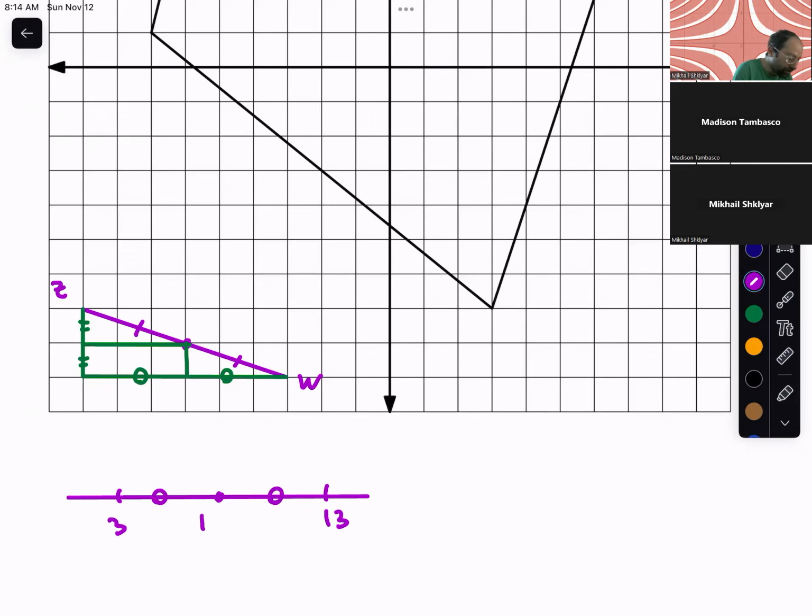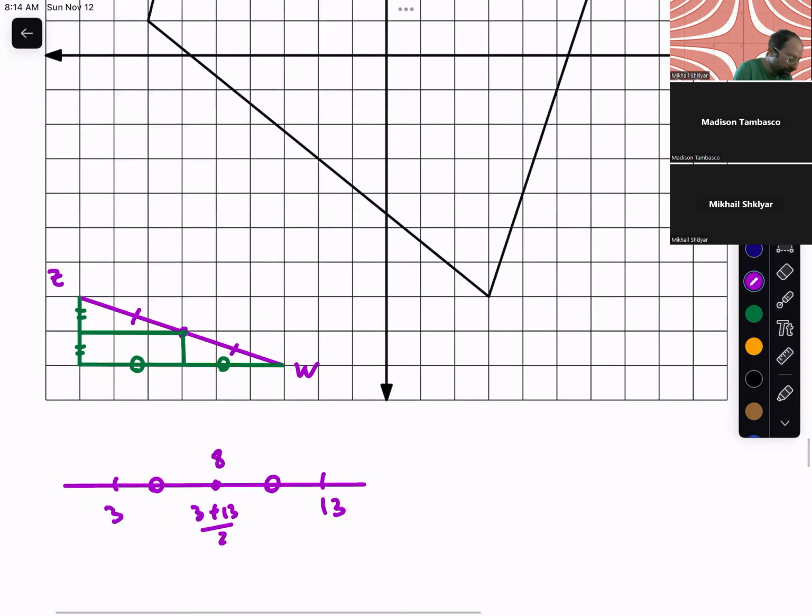So it's 3 plus 13 over 2, which is 8. Okay? So we're essentially applying the same principle twice, once horizontally, once vertically. So the midpoint is actually going to be the sum of the two numbers over 2, the average of the two complex numbers. Okay? So that's the idea.